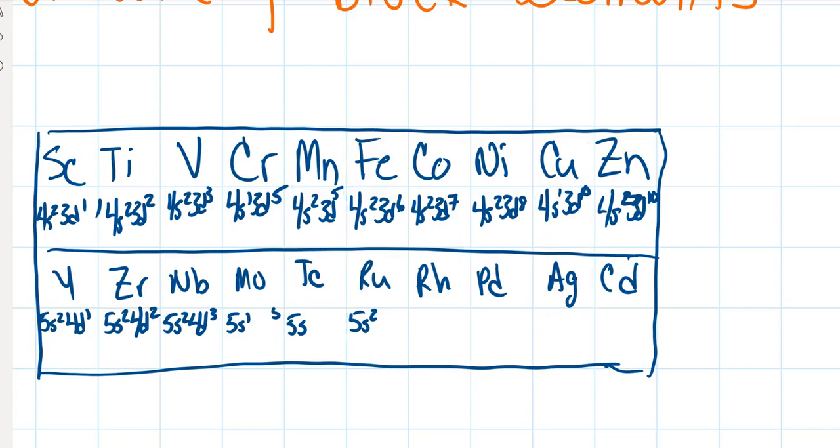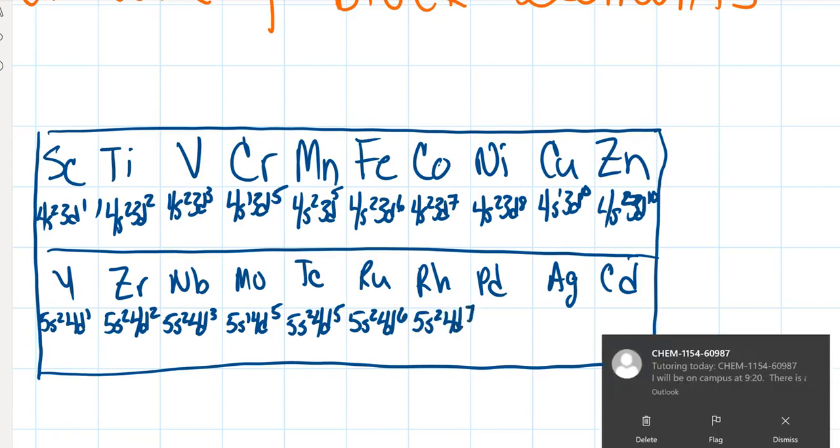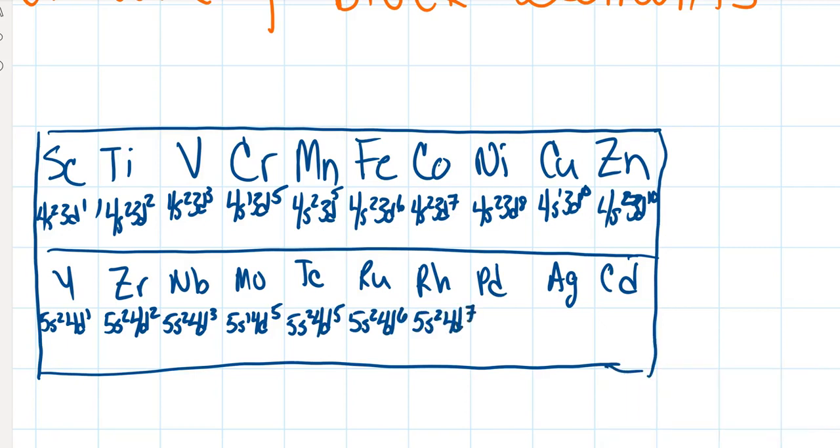It actually makes it a little cleaner to read. So in this case, it's a 4d5. There we go. 5s2, 4d5, 4d6, 4d7, 4d8, and then we'll see that we jump that same switch again to give our 4d10 and a 5s2, 4d10.